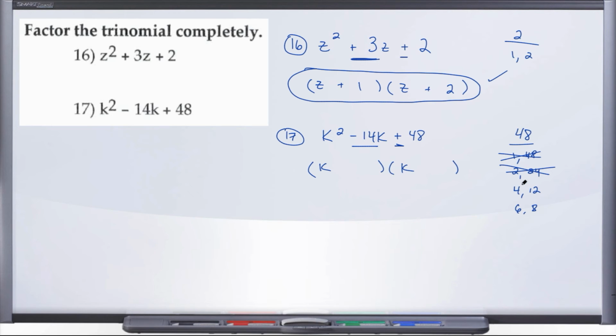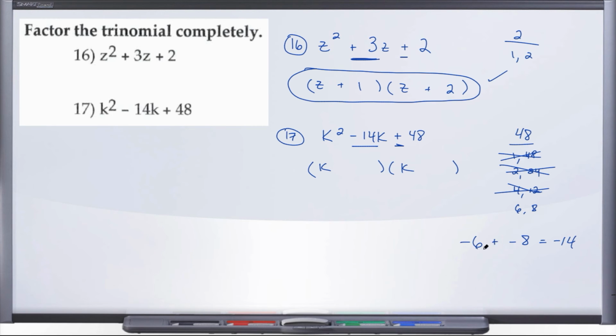Well, can we add in some combination a 4 and a 12 to get a negative 14? No, I don't think so. But look here, we have a 6 and an 8. Can we add in some combination a 6 and an 8 to get a negative 14? Well, sure we can. We can take negative 6 plus negative 8, and that'll give us negative 14, won't it?